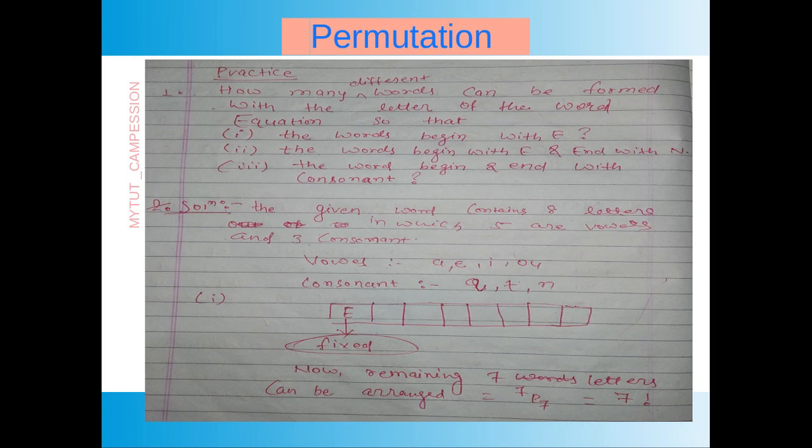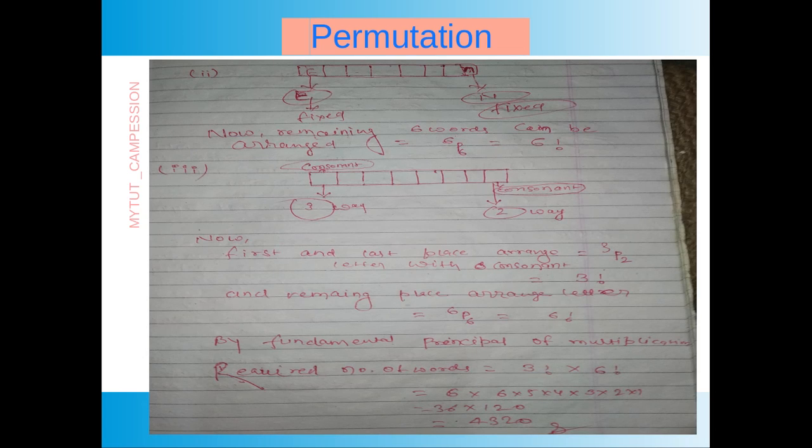Okay. Now for the second question, the words begin with E and end with N. In this question, another condition is applied: begin with E and end with N. Here E and N are fixed, so you can subtract 2.